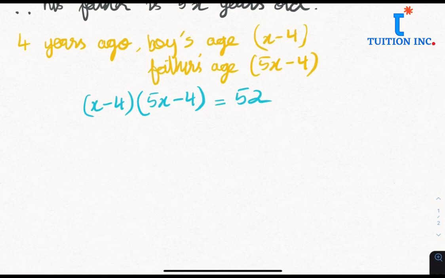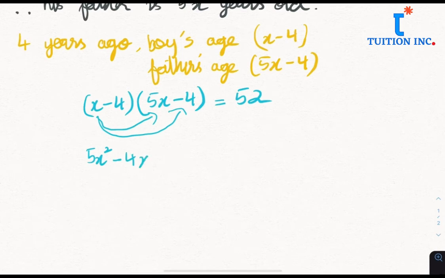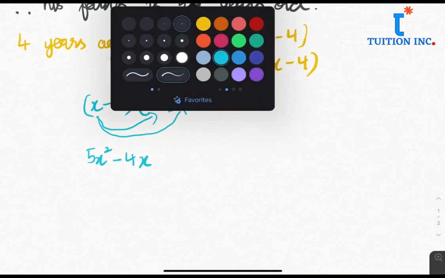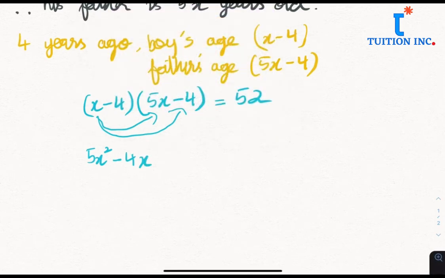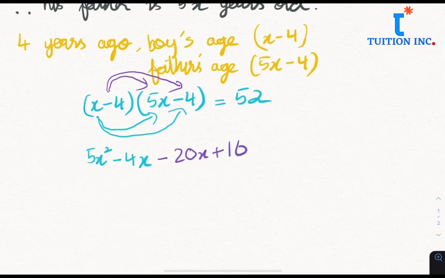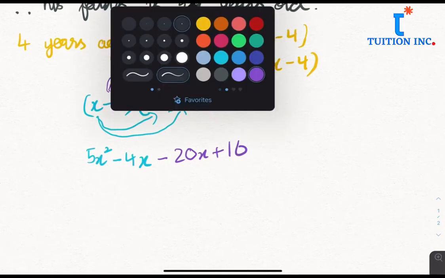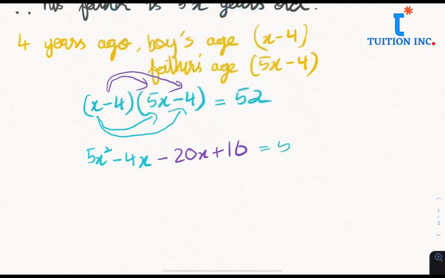So this x will multiply with this 5x as well as this 4, and we'll get 5x squared minus 4x. Similarly, this minus 4 will multiply by 5x as well as this minus 4. So we'll get minus 20x plus 16, and this equals 52.